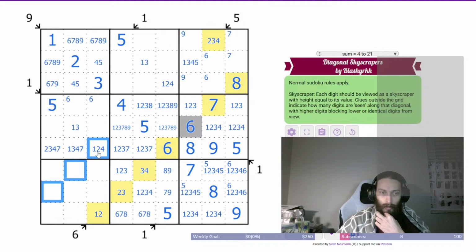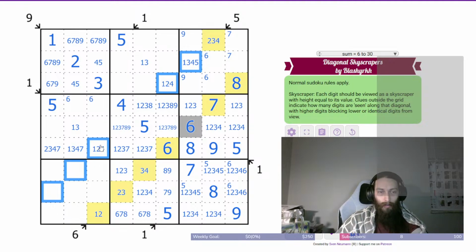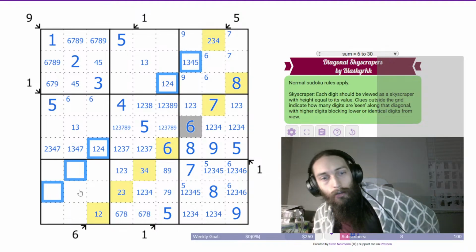Because that would make 3 back here and one of those. Right. Because an 8 would only allow for 1, so I'd have to have a minimum of 3 dark back there.